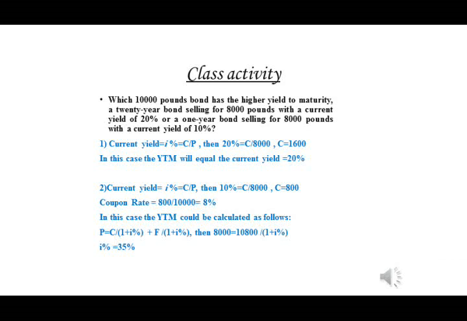In this case, we can calculate the yield to maturity according to the rule we have learned. Price of the bond will equal the coupon payment divided by 1 plus I plus the face value divided by 1 plus I. So, the price of the bond will equal, we can make substitution, 8,000 will equal 10,800, which is the coupon payment plus the face value divided by 1 plus I. Here we can get that the I, which is the yield to maturity, equal 35%.